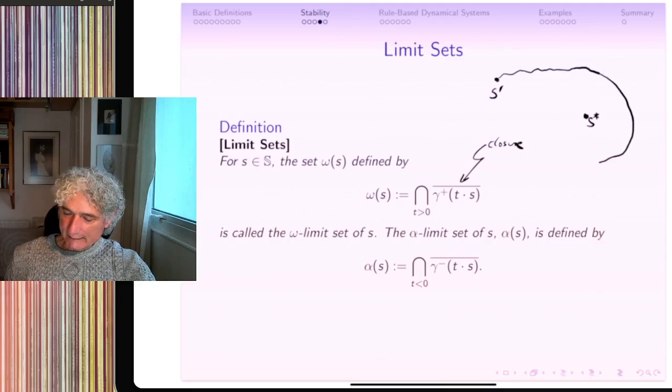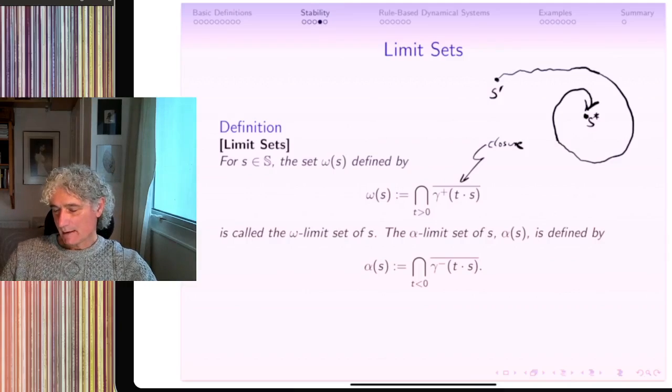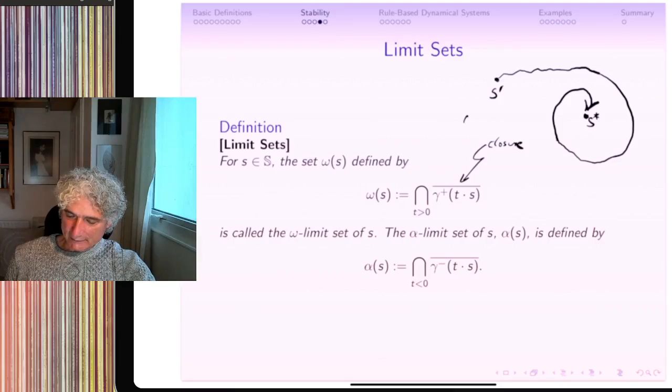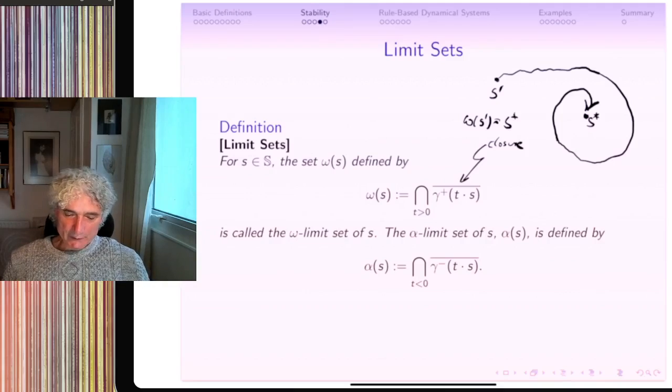Let's say that it finally converges to S star, so S star must be locally asymptotically stable or asymptotically stable. Now what is this construction? In this case we would have that omega of S prime is actually S star. Why is that? We can illustrate that. We do the shift along the trajectory, let's say until here, and then we would stop.